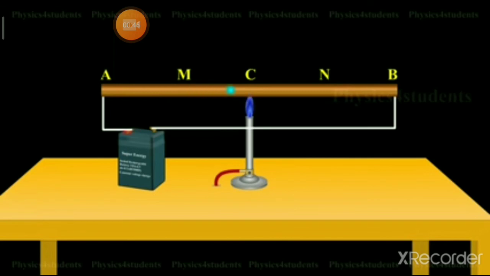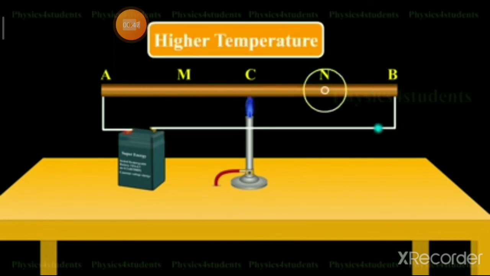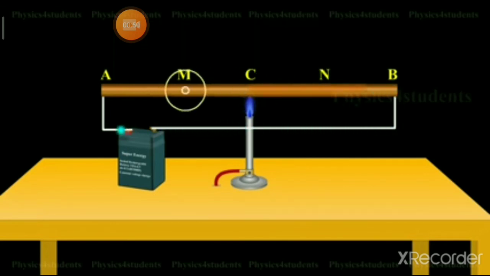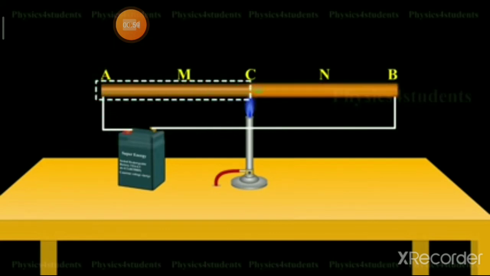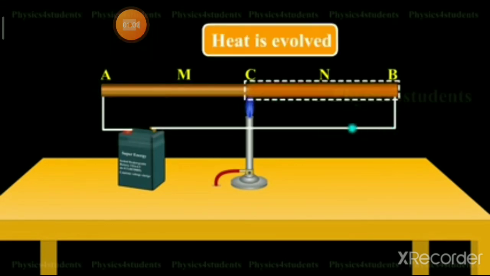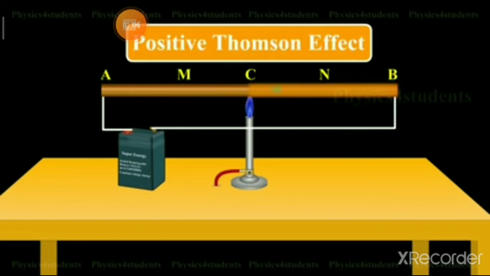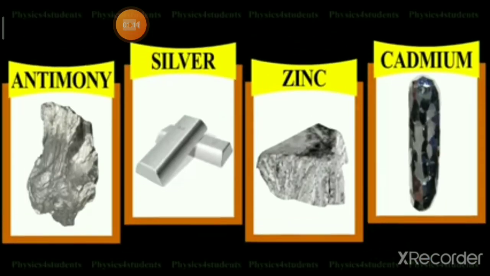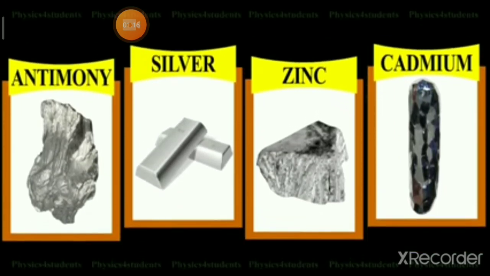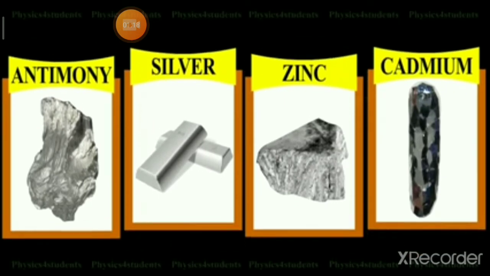When the current flows from A to B, N shows a higher temperature than M, and point B shows a higher temperature than A. Observe that across AC heat is absorbed, and across CB heat is evolved. This is the positive Thomson effect. A similar effect is shown by antimony, silver, zinc and cadmium.